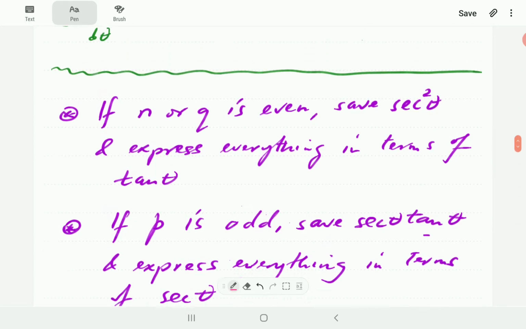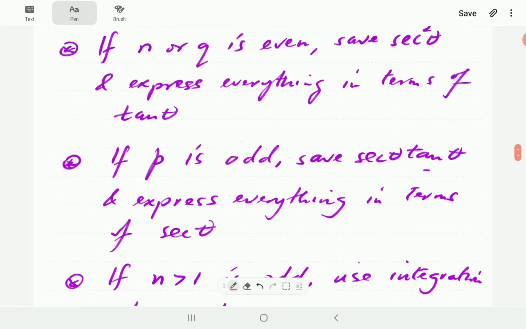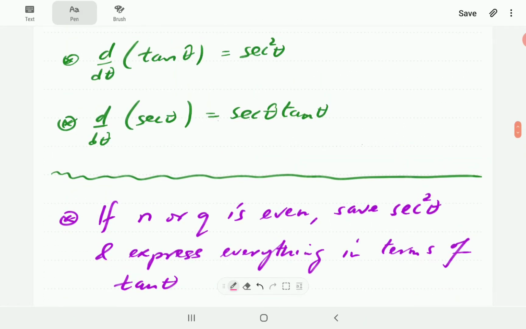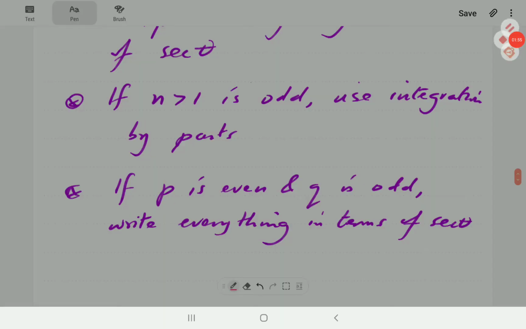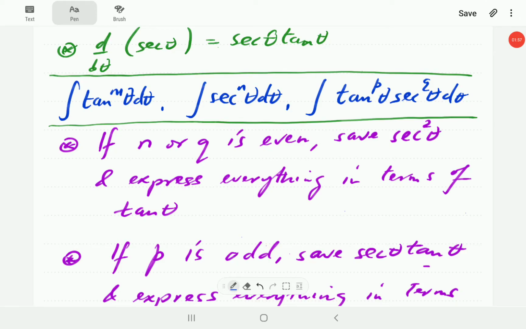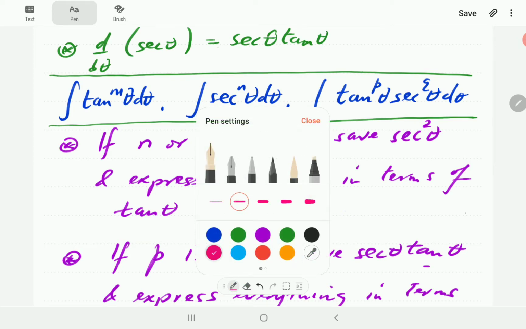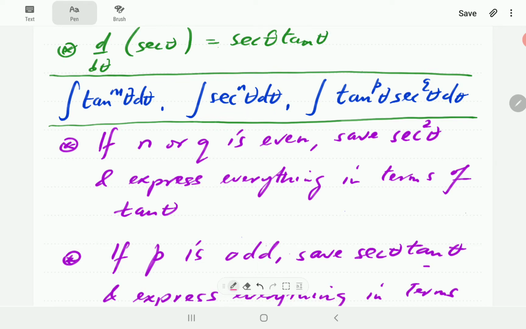Right, so the integrals that we're going to look at are of the following general form. All right, so we have got integrals that are just powers of tangent or powers of secant, or a product of powers of tangent and secant.